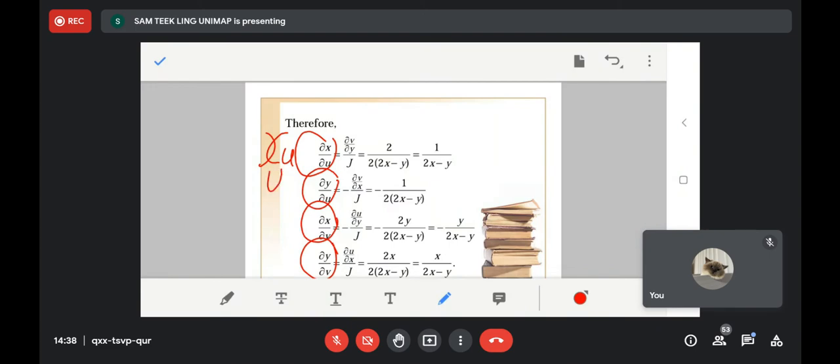You also can write y u. If you give it like this, I also accept. It's no problem, I know the meaning. You differentiate your x with respect to u, the first one, so x u. You can write in this one or in this one, it's okay for me.